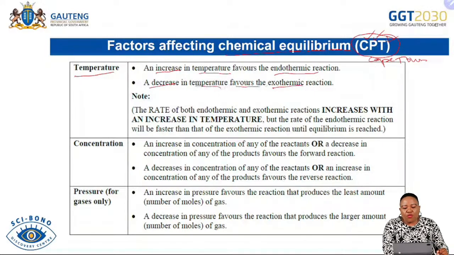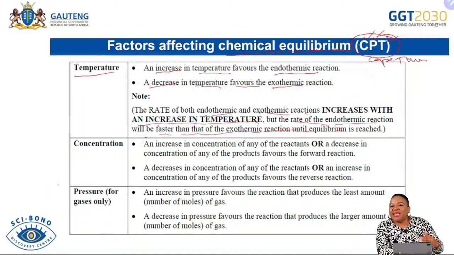The rates of both endothermic and exothermic reactions increase with an increase in temperature, but the rate of the endothermic reaction will be faster than that of the exothermic reaction until another equilibrium is reached. Temperature was one of the factors that affect the rate of reaction, and an increase in temperature will increase the rate of reaction.